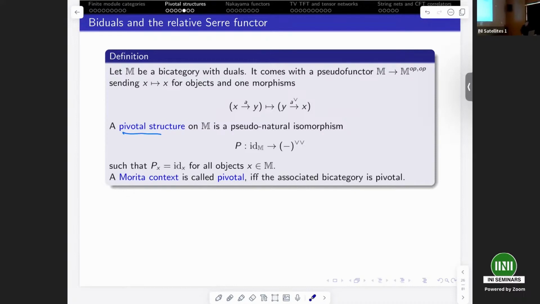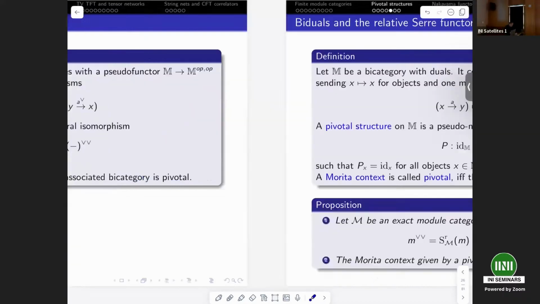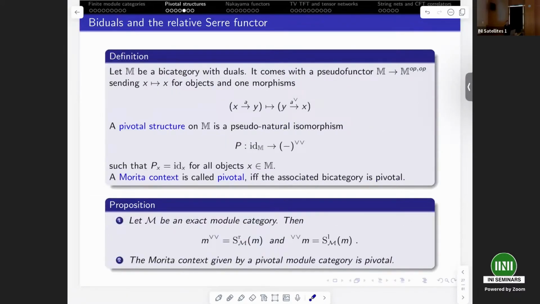Okay, now a Morita context is called pivotal if the associated bi-category is pivotal, and you're getting now very satisfactory propositions. So, for example, if you compute the double dual of an object in M, the dual was in this category of functors. If you again apply the dual, you're back to the original module category.